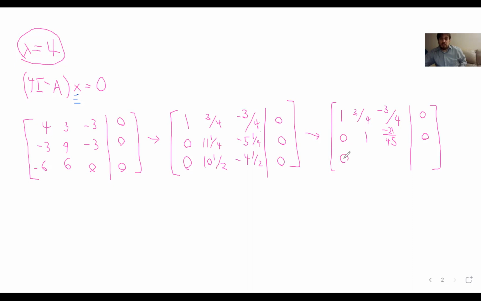Now to get the bottom row, 10 1/2 is 21 over 2. So I'm going to take negative 21 over 2 times the second row and add it to the old third row. So this becomes a 0. And then I'm going to take negative 21 over 2 times that and add it to this.